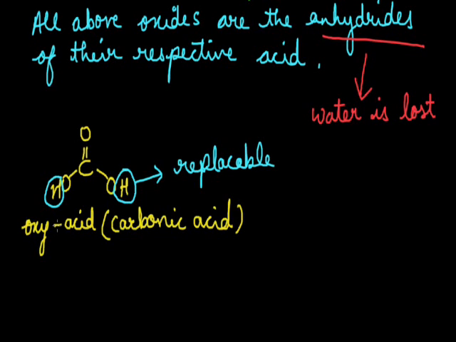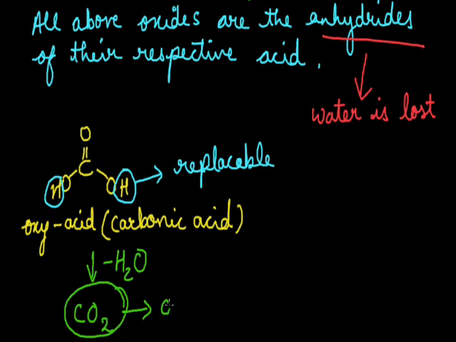Now when the water molecule is removed, there will be formation of an oxide, that is CO2. When I remove water, H2O, the OH and H from here will be removed and there will be formation of CO2. This is the acidic oxide.